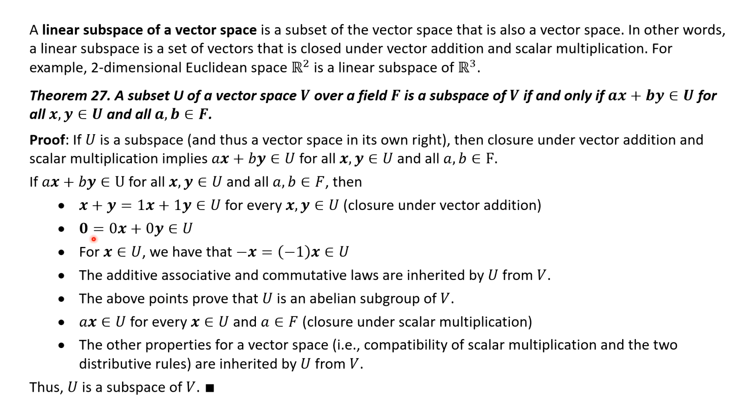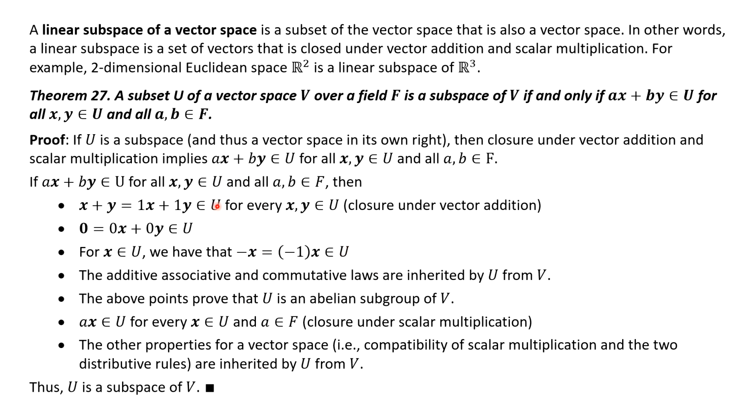Then we can write 0 is 0x plus 0y. So that's, again, using this property. The vector 0 is in U. Then for x in U, we have minus x is minus 1 times x plus 0 times y. I didn't even bother putting that in there, but just getting it in this form. So the inverse of x is in U.